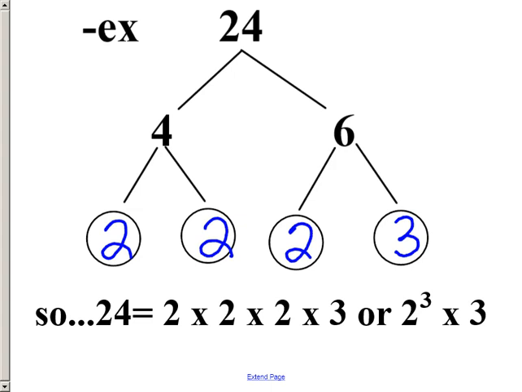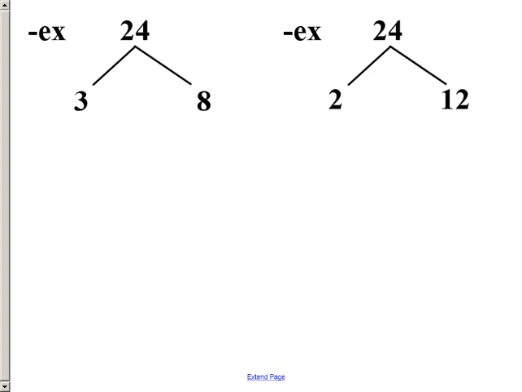You might have been thinking, well, I wouldn't have broken 24 down into 4 and 6. I would have done it as 3 and 8 or as 2 and 12. Well, let's look at that and see if those would work as well. Try it yourself. See if those ways are going to give you the same answer that we got when we used 4 and 6.